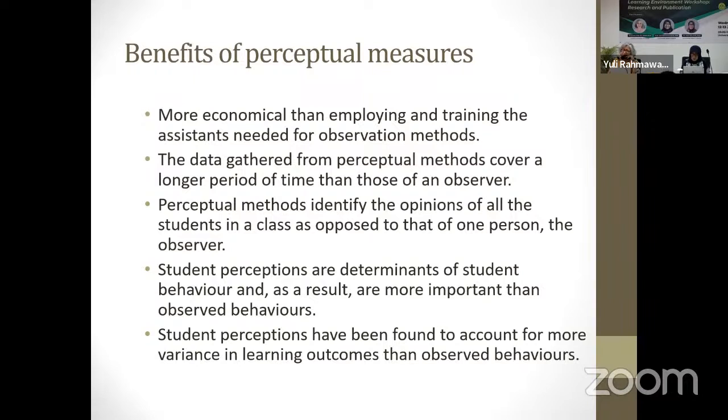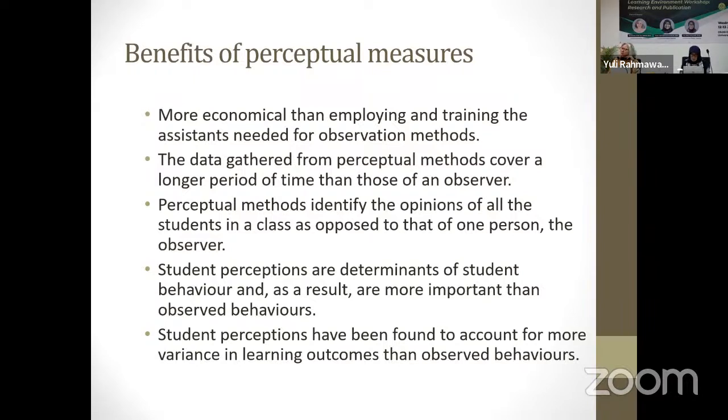When we take student perceptions into account, they have shown more variance in learning outcomes than observed behavior. Observed behavior doesn't show us that variance. We won't be able to do the analysis you did right now with the observed data.